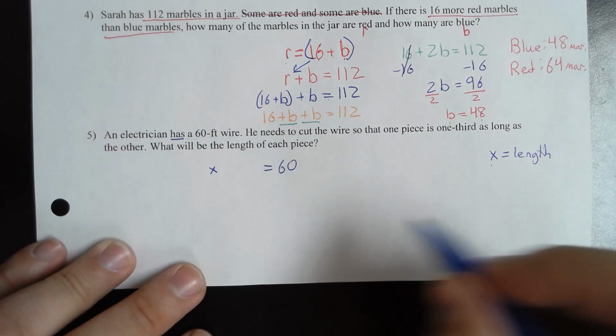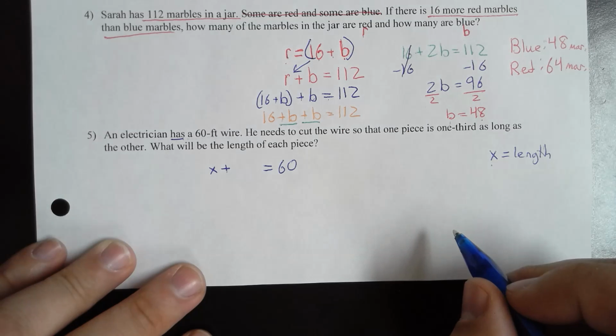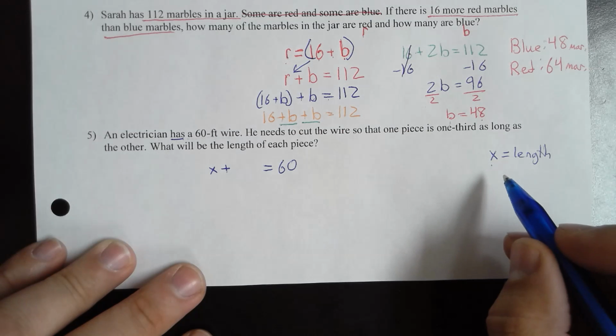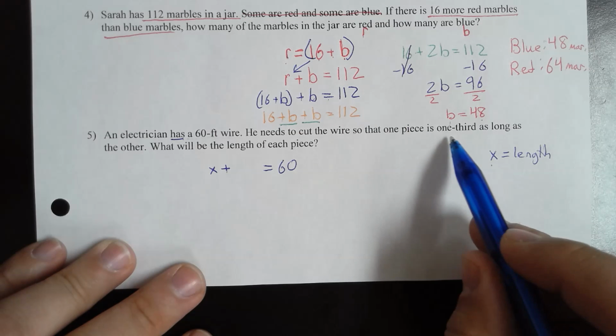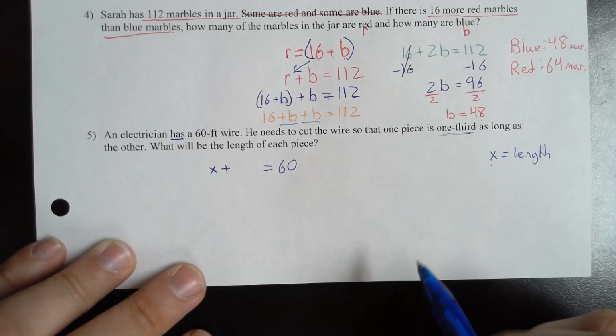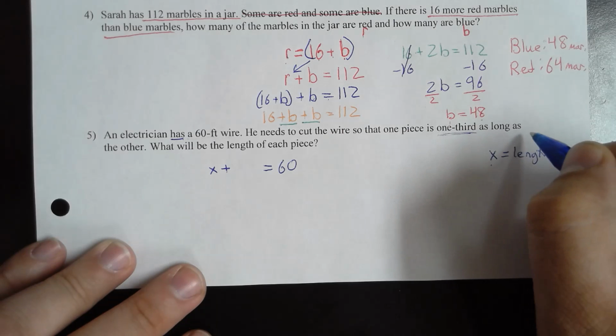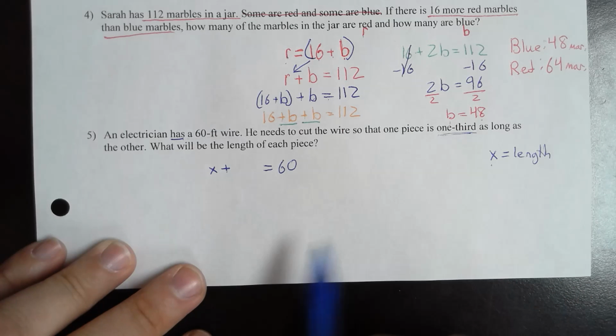The other wire will be what? You already said it a little bit. 1/3 what? So if I'm saying 1/3 as long as the other, my other wire is what?